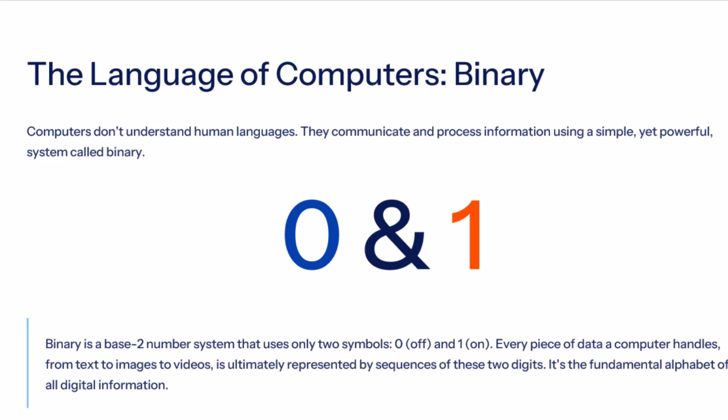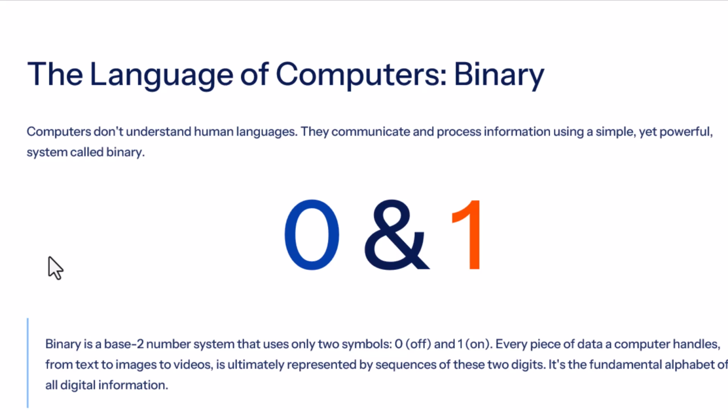A computer does not understand the normal English that we speak, the way we communicate, the grammar and stuff like that. Computers understand binary, which is zeros and ones.